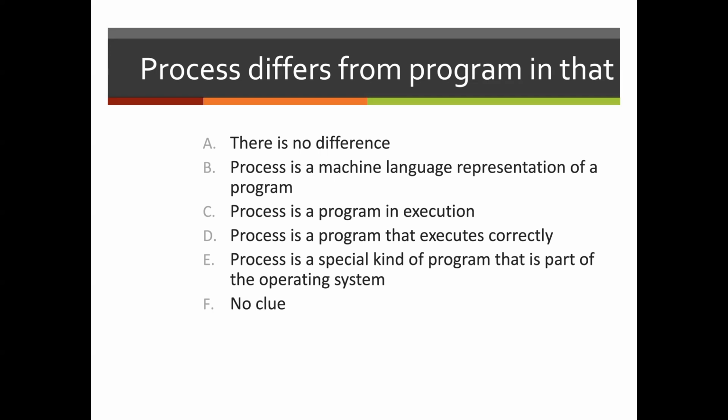E, a process is a special kind of program that is part of the operating system. Or F, no clue. Well, we just gave a high-level overview of what exactly a process is. And the main thing that you want to be sure to keep in mind is that a process is going to be representative of a program in execution. And so the correct answer here is going to be C.